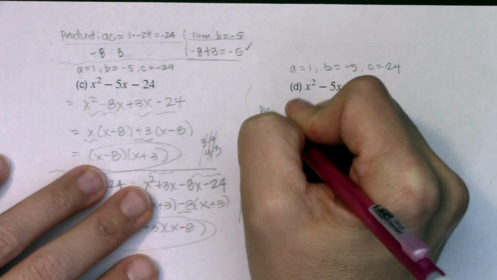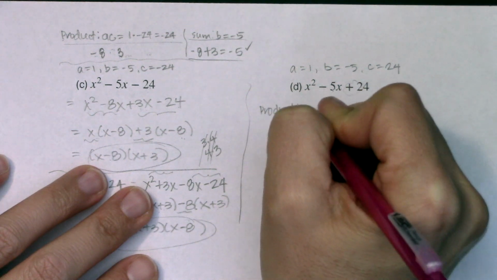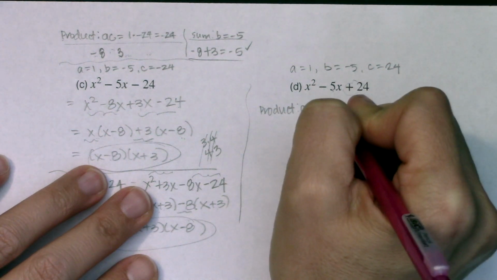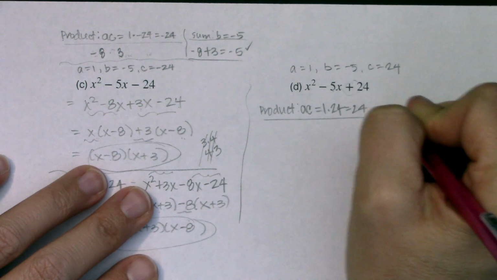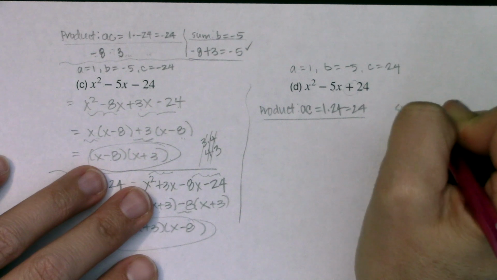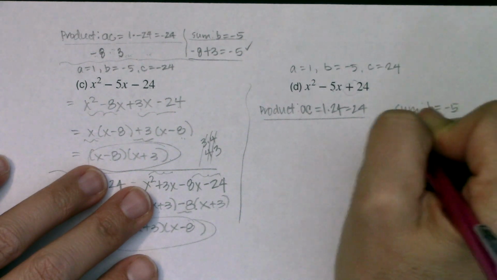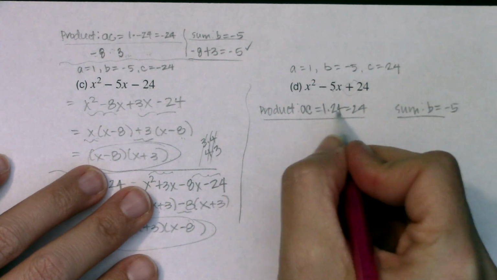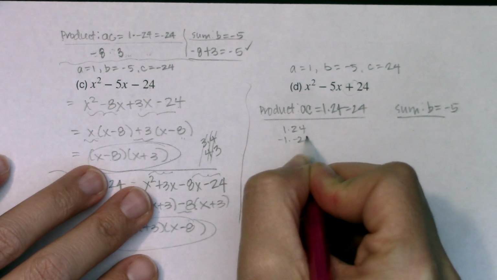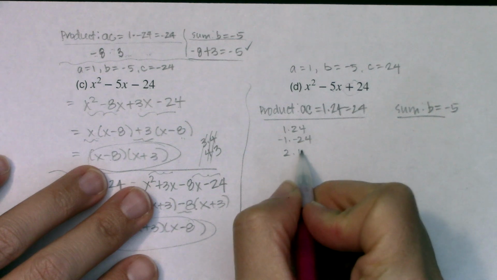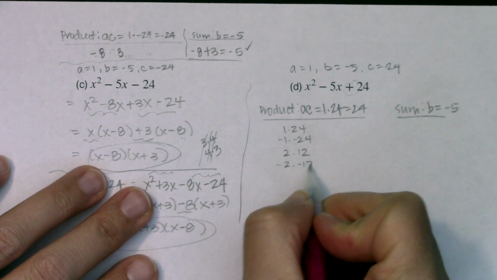And let's go ahead, and I'm going to write out the exhaustive list again. So we're going to do AC, which is 1 times 24, which is 24, right? And then I want a sum equaling negative 5. All right, so if I think about this, I could have 1 times 24, negative 1 times negative 24. And I can have 2 times 12, negative 2 times negative 12.